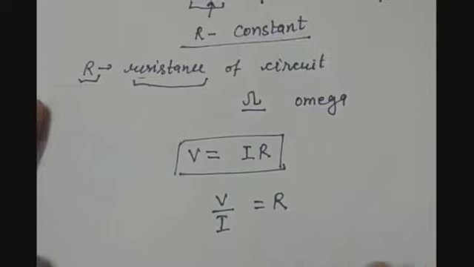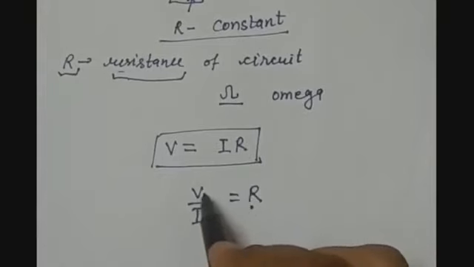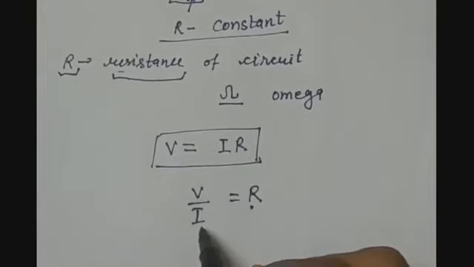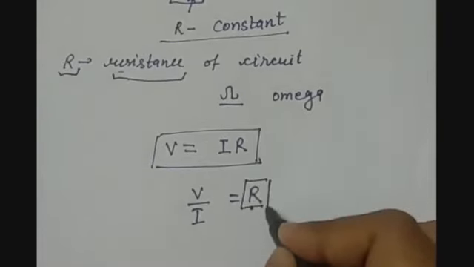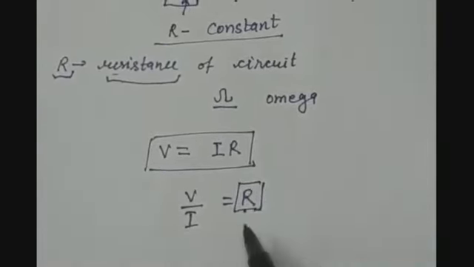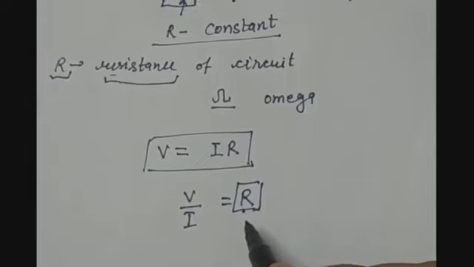But do not get confused: resistance is not dependent on the potential difference and the current flowing in the circuit. It is the property of any conducting material because of which it opposes or resists the flow of current.